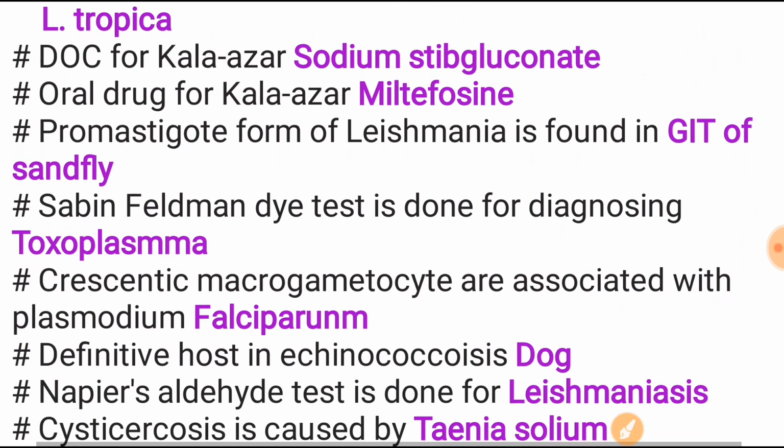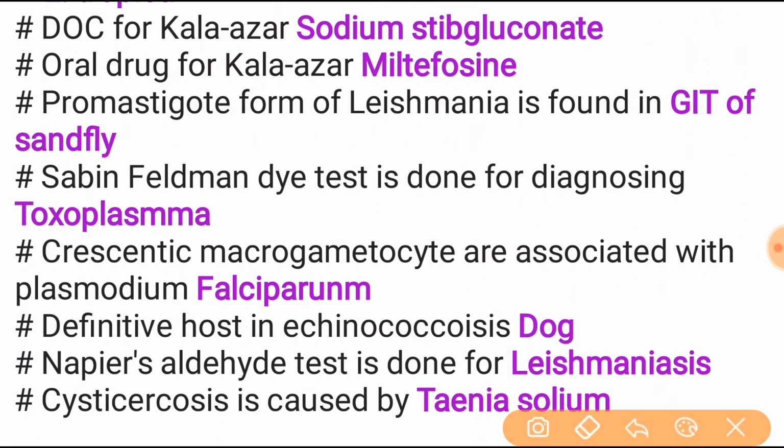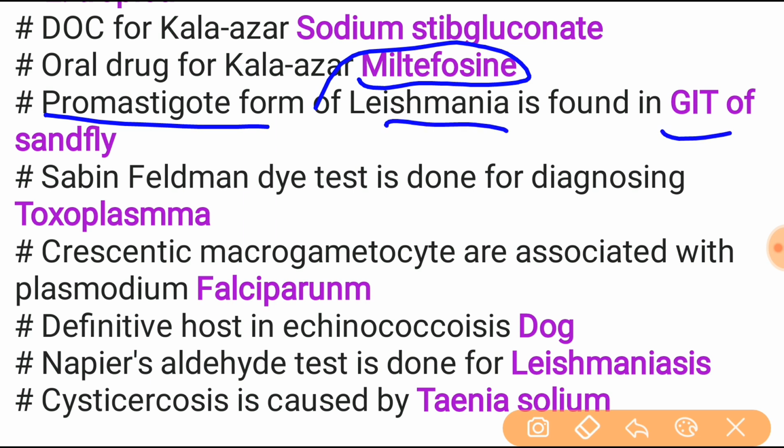And miltefosine is also mainly used for post kala-azar dermal leishmaniasis. Promastigote form of the leishmania is found in the gut of the sandfly.